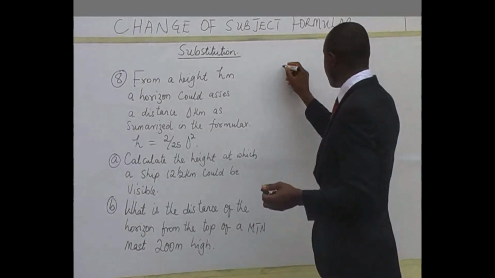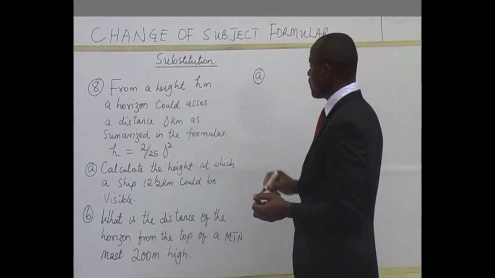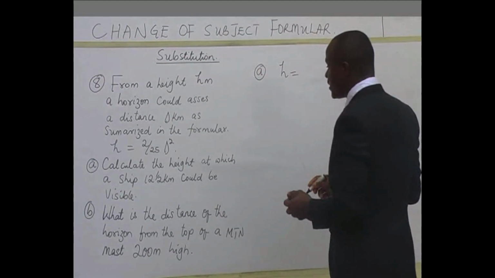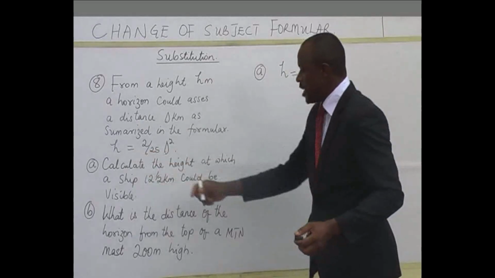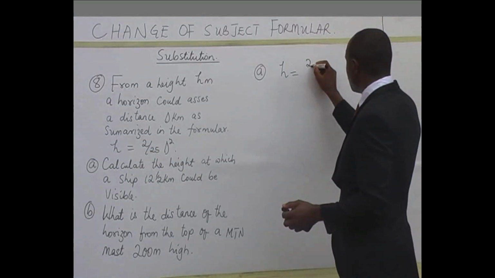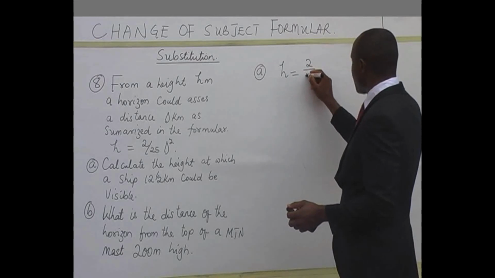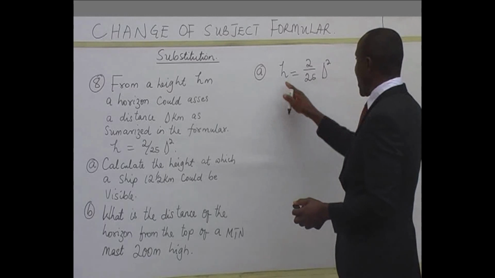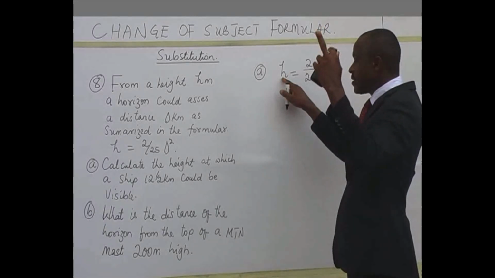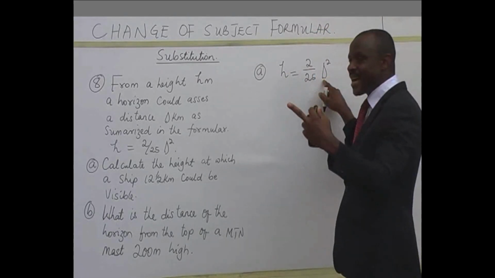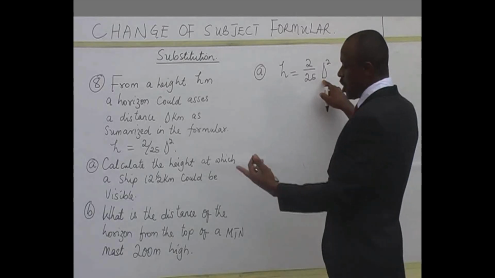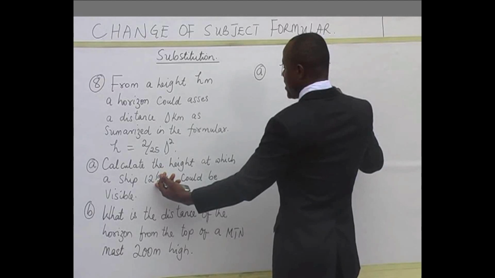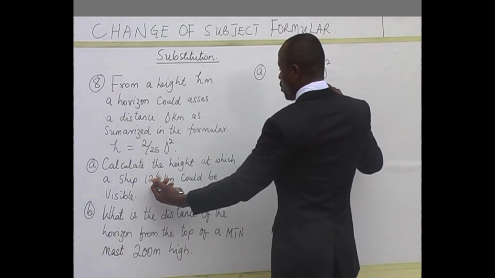Take number 1, we have number A. The equation is h is equal to 2 over 25 d squared, where h is the height of the horizon and d is the distance it can access. So if you look closely in question A, you discover that we have been given the distance of the ship to be 12.5.